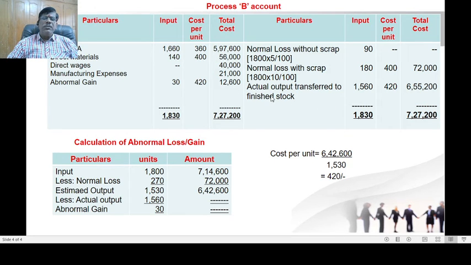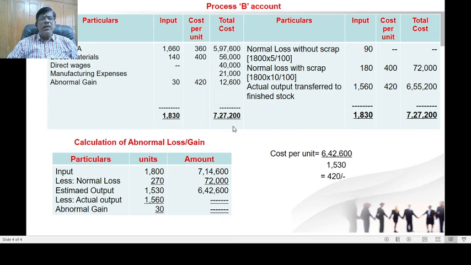Now the actual output is transferred to finished stock. The actual output is 1,560, rate per unit is 420. Multiply, you will get 6,55,200. Now the total is 72,000 plus 6,55,200, you will get 7,27,200. The debit side total is also 7,27,200.